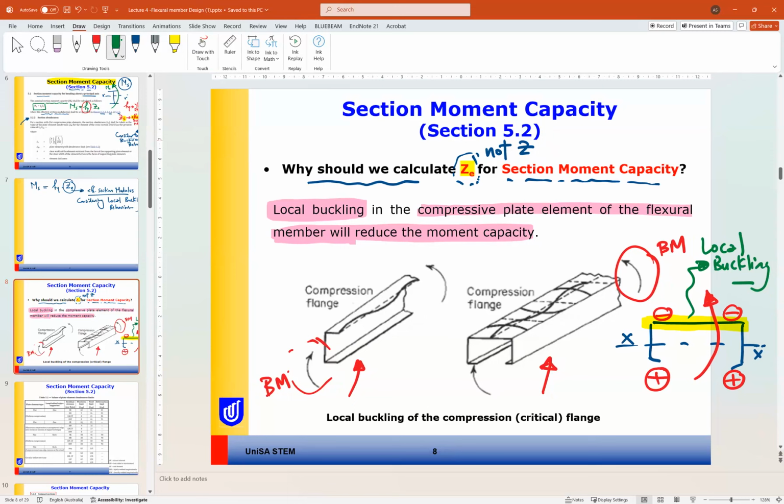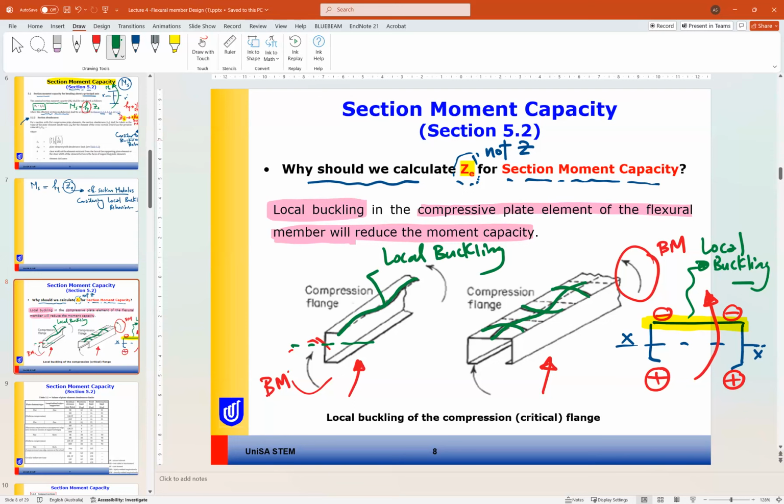So if you can see here, here is how the local buckling affects our member. This one is a C section horizontally aligned, and this one is also a C section, vertically aligned. You can notice the local buckling of the top flange.